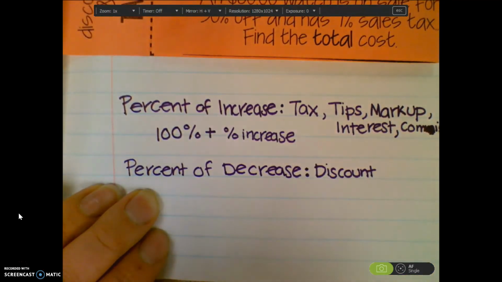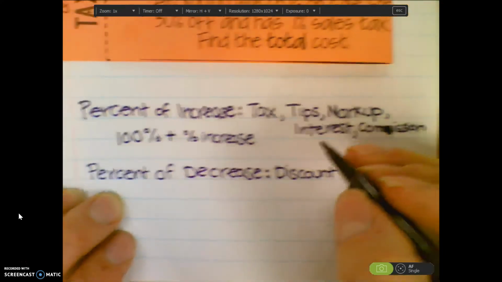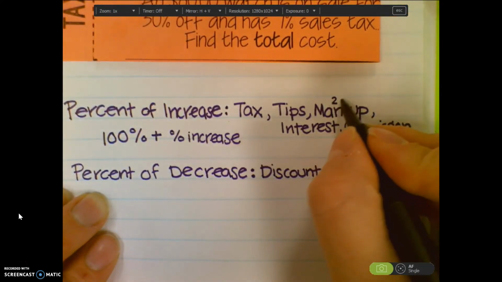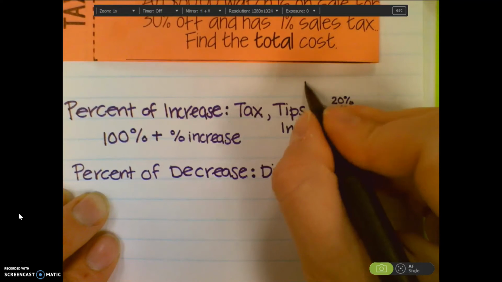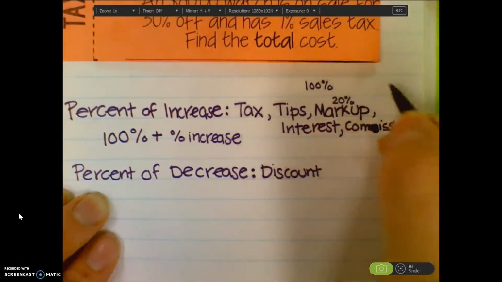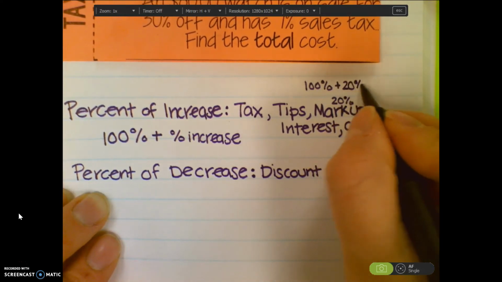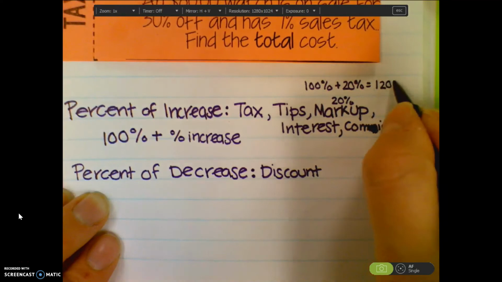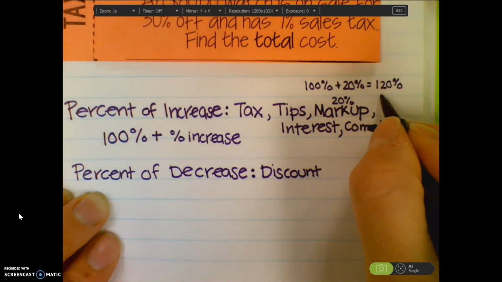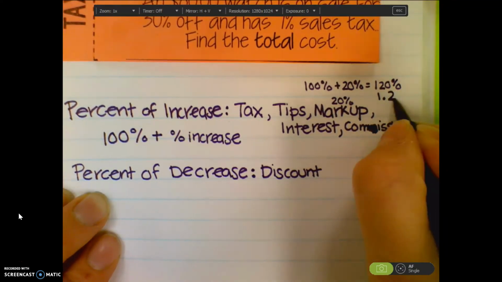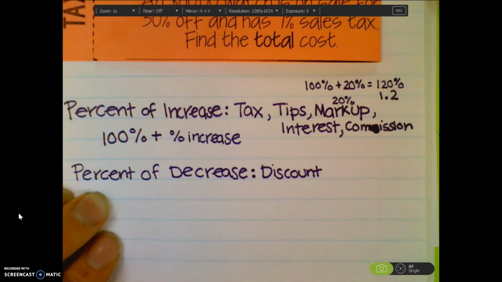For instance, let's say you knew the company was going to do a 20% markup. You would say, okay, I'm going to start at the original cost. The original cost is 100%. And then I'm going to add on my 20% to get to 120%, which means if you're going to do the decimal version, you would do 1.2.